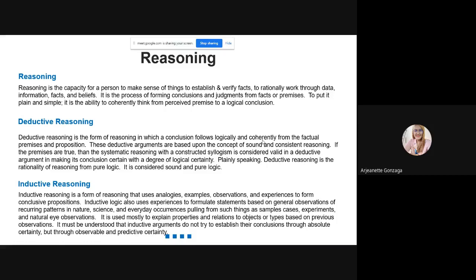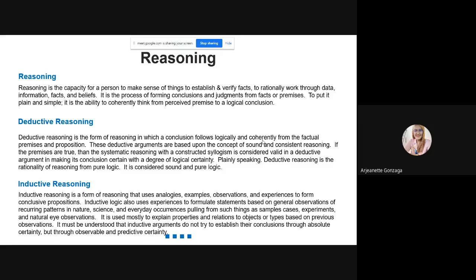And a deductive argument makes its conclusion certain with a degree of logical certainty. So plainly speaking, deductive reasoning is the rationality of reasoning from pure logic. So it is considered sound and pure logic.